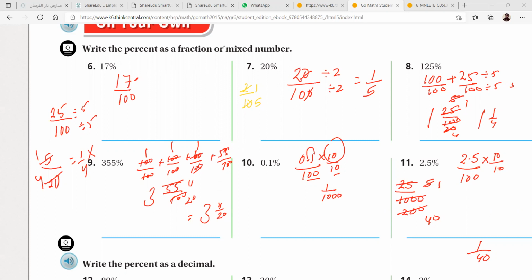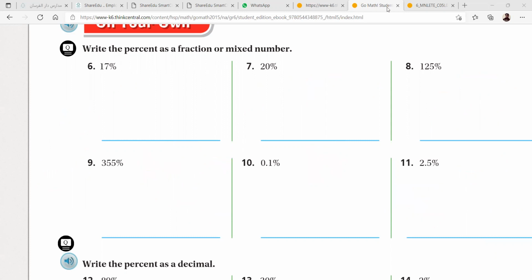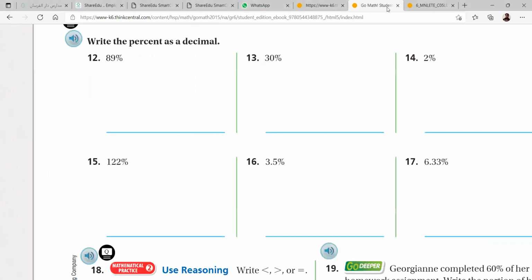Yellow girls. Question number 12. Tala? Maria?